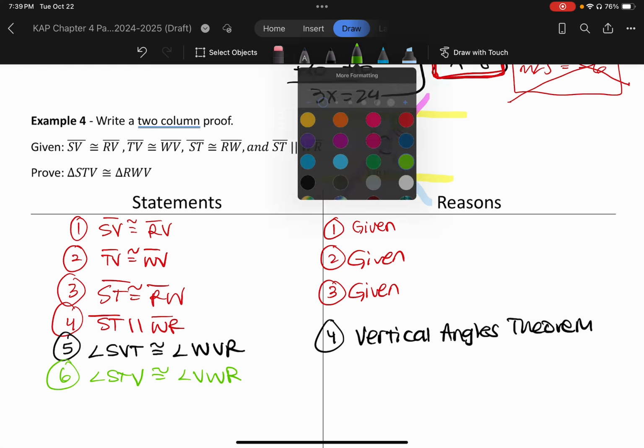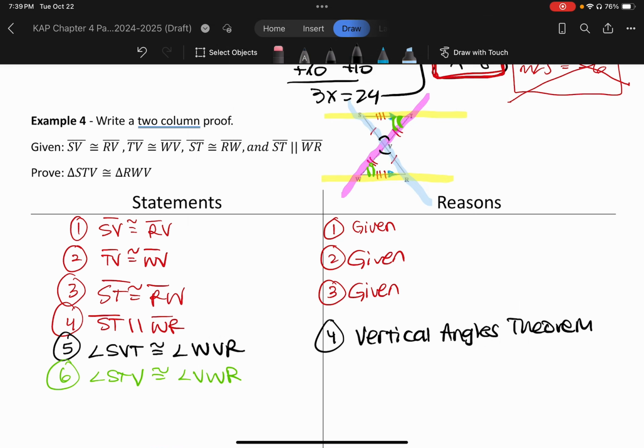And then I need to show lastly that this angle is congruent to this angle, which we're going to use the same reason for, just at the blue transversal. I didn't write it down here, but we just said this is alternate interior angles. So alternate interior angles theorem, because we wrote congruent.